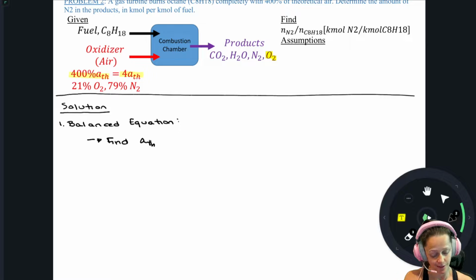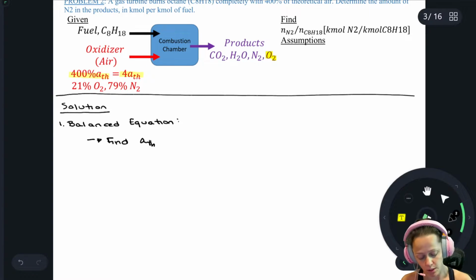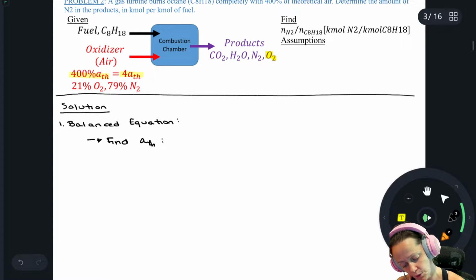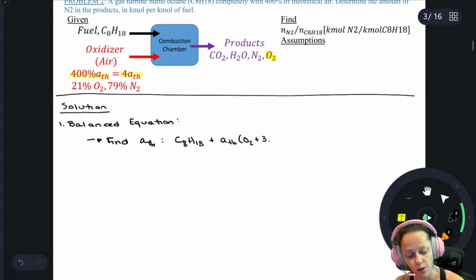So, yep, we're going to ignore that 4, and we're going to write, I've got C8H18 plus a_th times O2 plus 3.76 nitrogen, and that's going to yield some amount of CO2, some amount of H2O, and some amount of nitrogen.